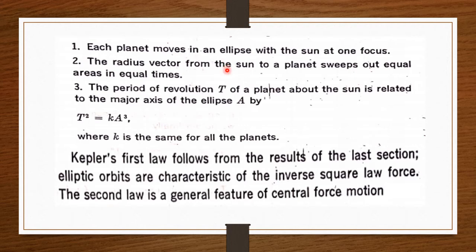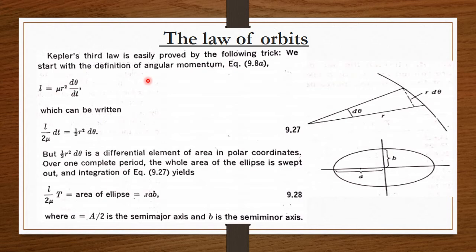This second law is readily explained in the general features of central motion. In this video, we will be studying the third law and its proof in detail. So the third law is the law of periods. Kepler's law is easily proved by a small trick.